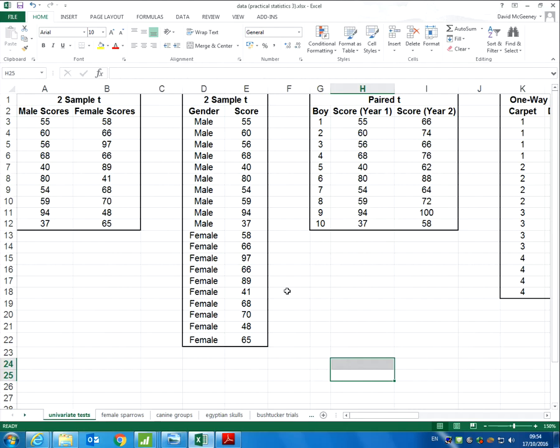M for males, F for females. And what would the alternative be? If we make the alternative simply the opposite of the null, would you all agree it would be that? Does that make sense? Okay, so that's your null, that's your alternative for the 2 sample t.